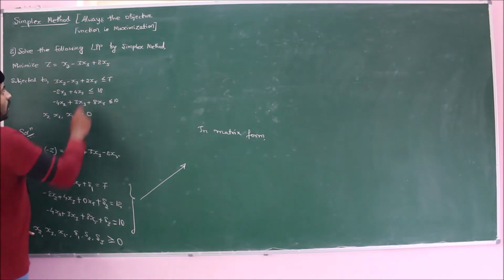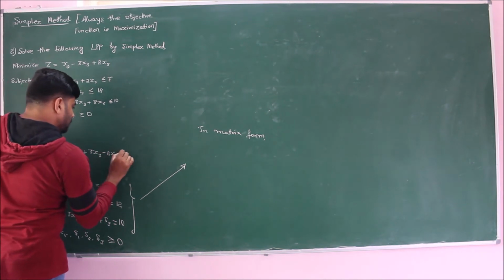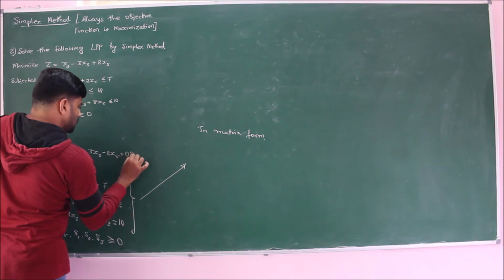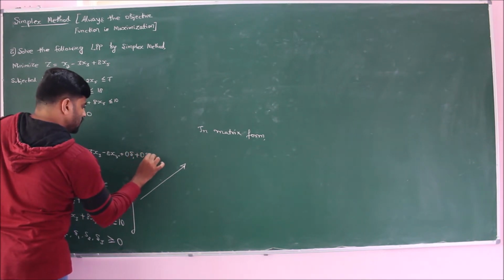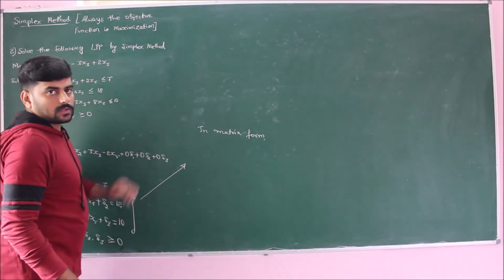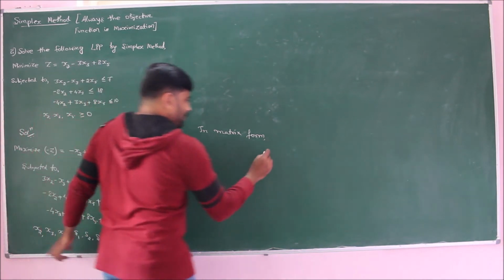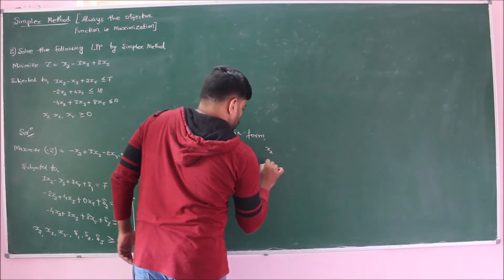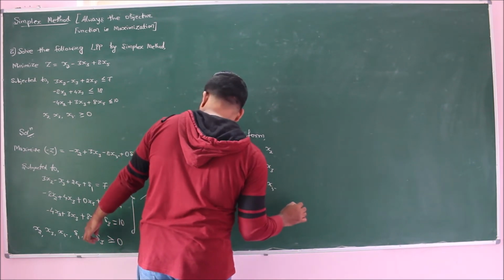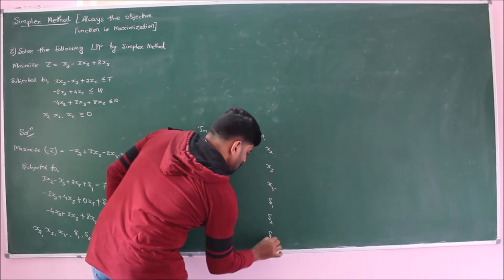Since the objective function does not contain any slack variables, the objective function will be represented with the slack variables as 0s1 + 0s2 + 0s3. Kindly make a note. So now the variables are x2, x3, x5, s1, s2 and s3.